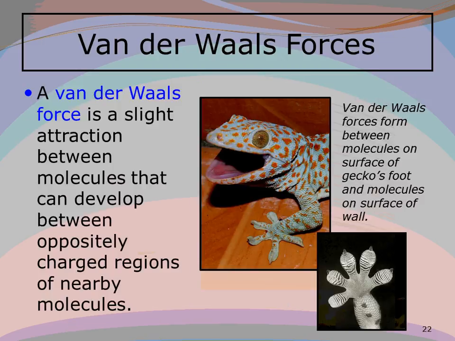And then we learned about van der Waals. So van der Waals is that slight attraction between molecules that can develop between oppositely charged areas of an atom. So one atom is going to have oppositely charged areas.